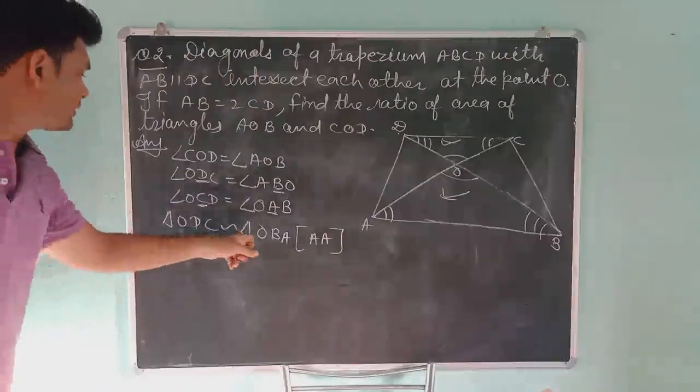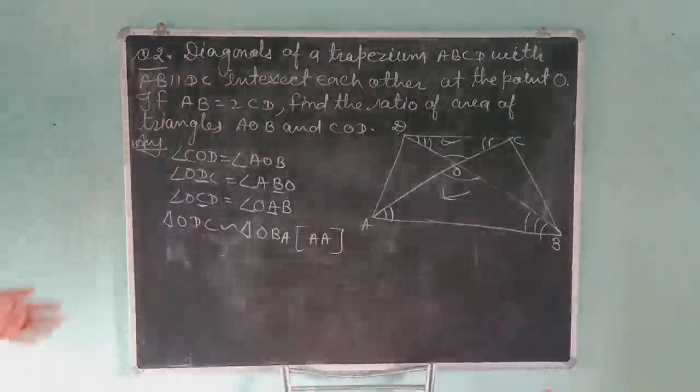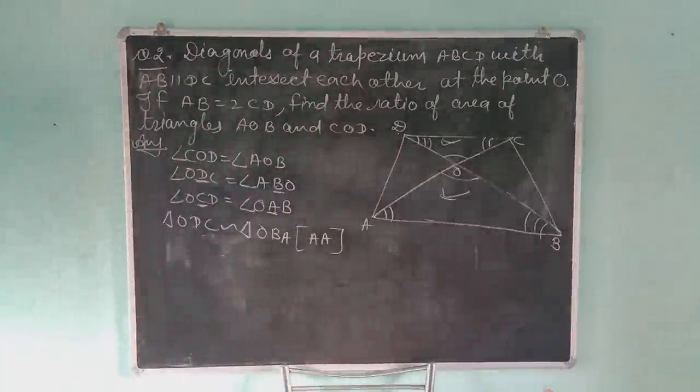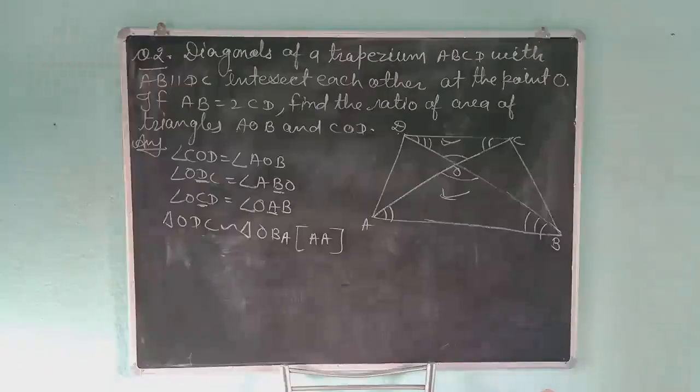These two triangles are similar to each other, so their side ratios will be equal, their corresponding angles are equal, and the ratio of the areas of these two triangles is equal to the square of the side ratio.